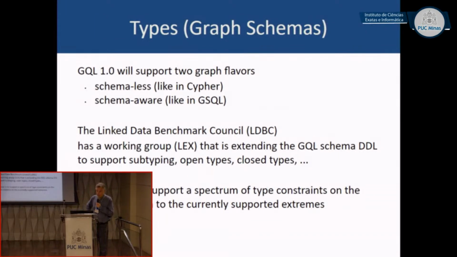Another thing that is coming up in the standards, in particular in GQL, the first version, it will support two graph flavors, again in recognition of the two main communities from which it will draw its adopters. One of them is completely schemaless graphs.